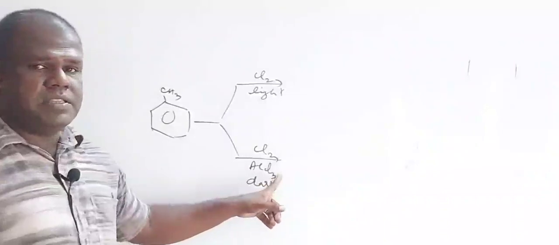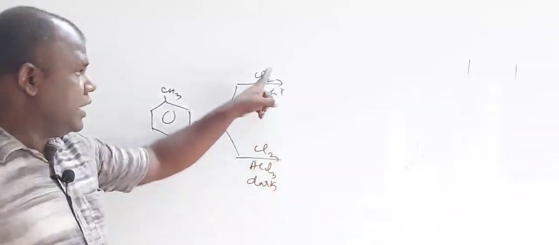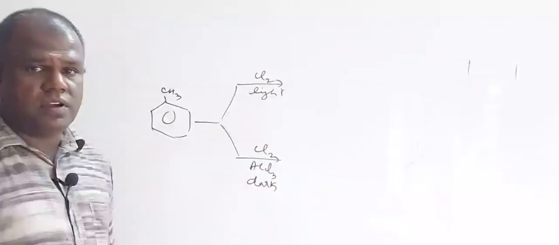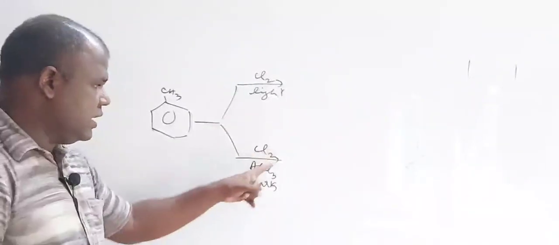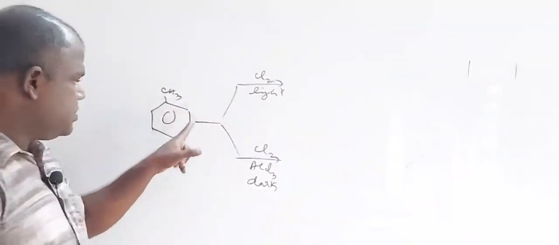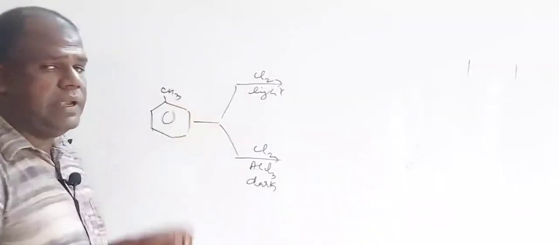Chlorine with AlCl3 means substitution in the ring, a Friedel-Crafts type reaction. Substitution in the ring is decided by the methyl group.